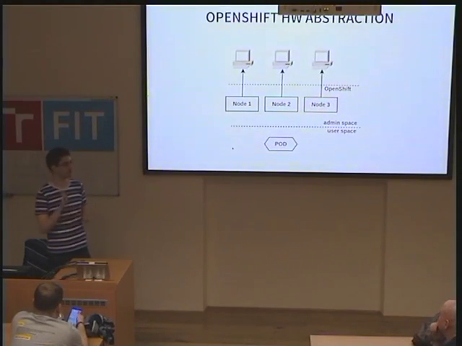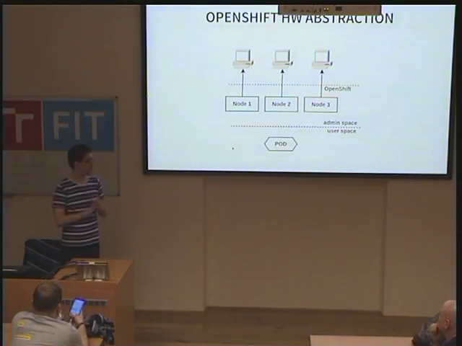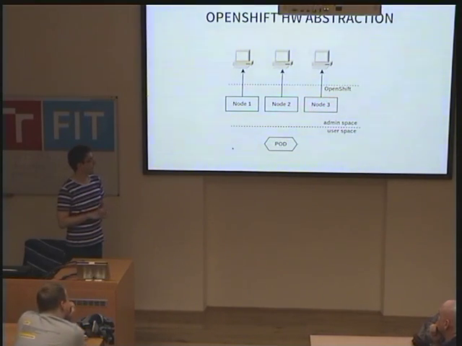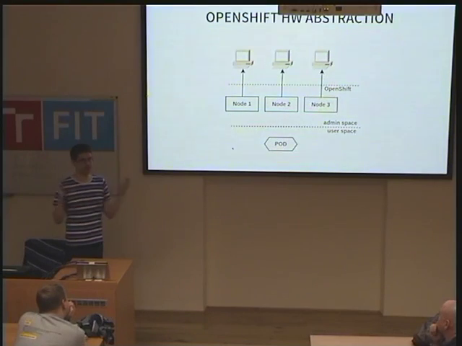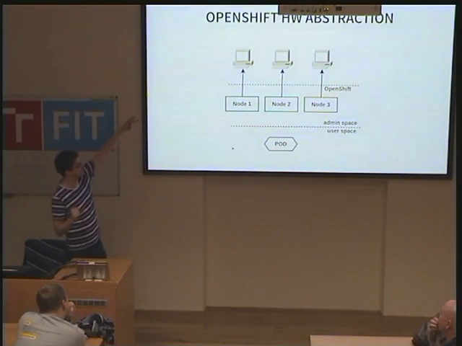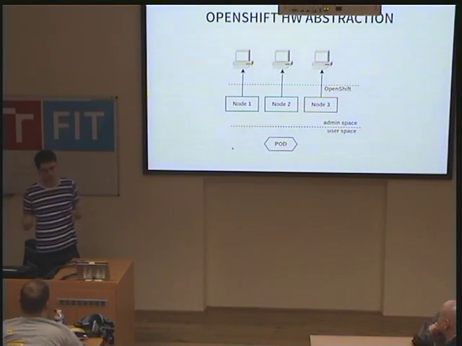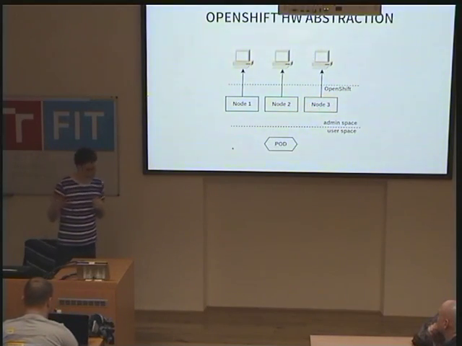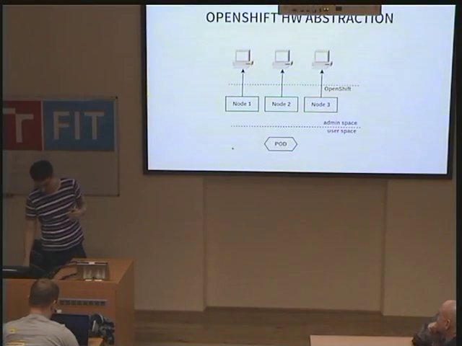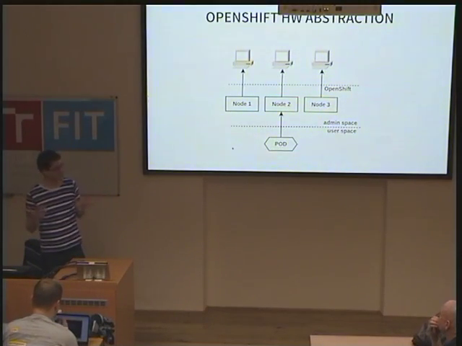Request for CPU, for some memory, and to run some container inside it. And in OpenShift, we have node objects, which represent some compute resources outside of Kubernetes. And if you submit a pod to OpenShift, there is a scheduler, and it schedules a pod on a node.